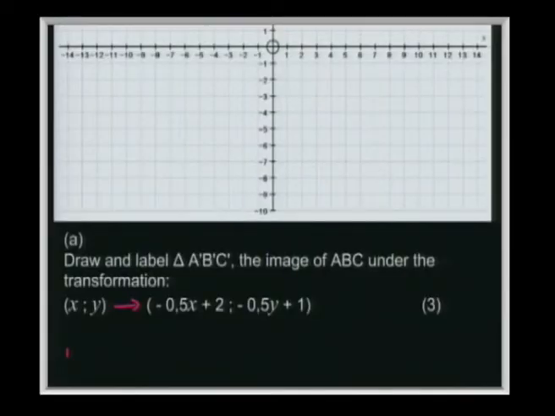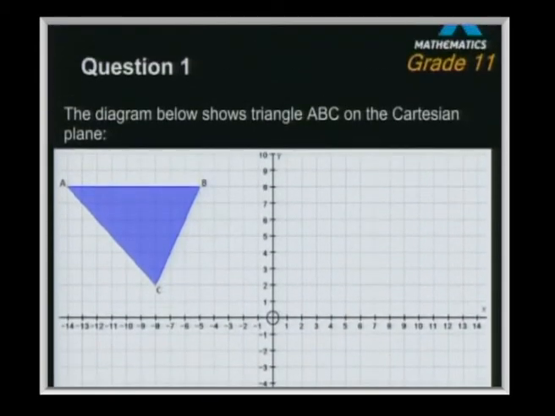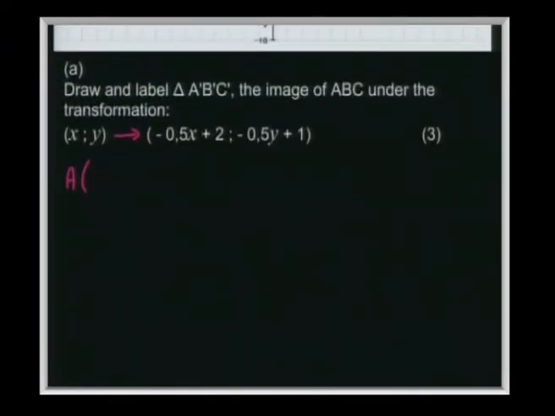I'm going to do it so that I know I get it right every time. Well, we start with the point A, and I'm going to get the coordinates from the diagram. -14, 8. And I know that that is going to transform to A' at some stage.